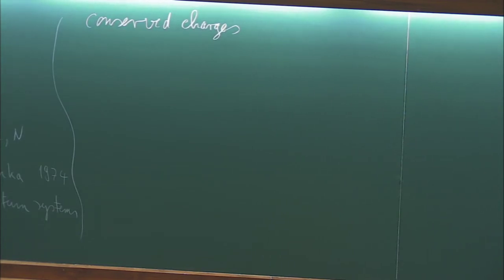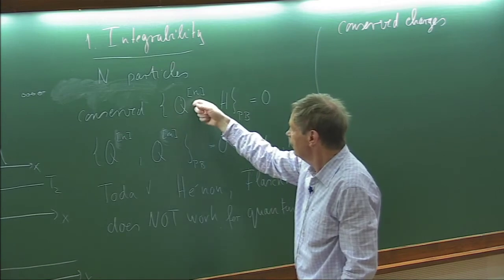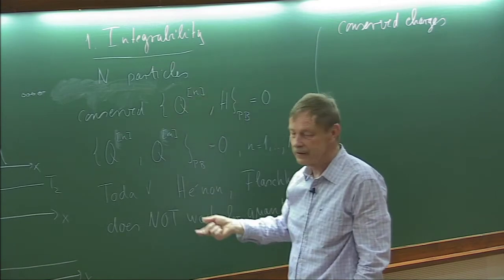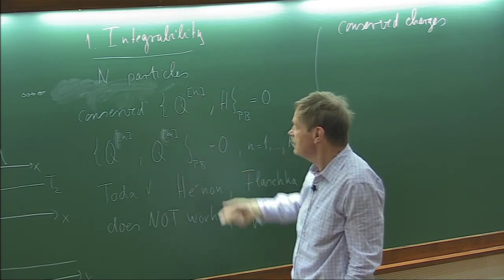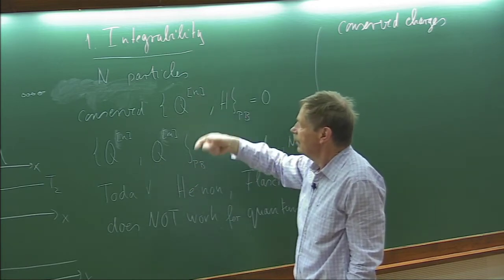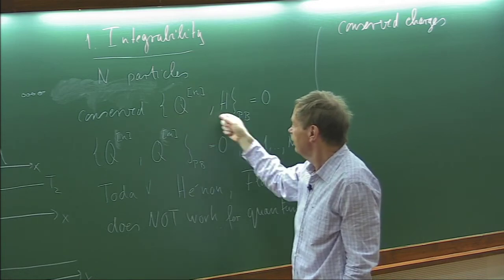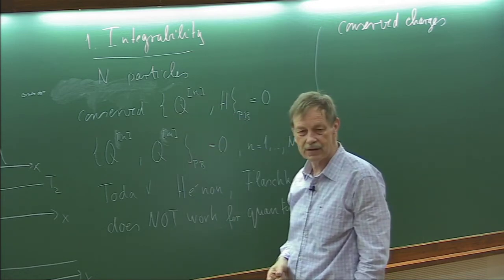Yeah, you just replace this by commutators. So I make this definition just for some quantum mechanical operators, whereas these are functions on phase space. So I just say a quantum system is integrable if there are operators on Hilbert space for which these commutation relations are satisfied.